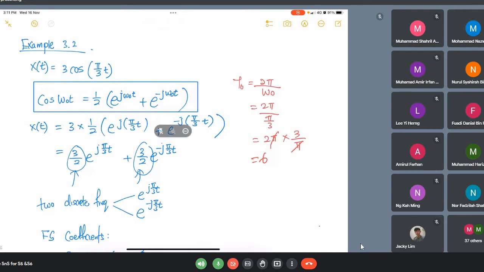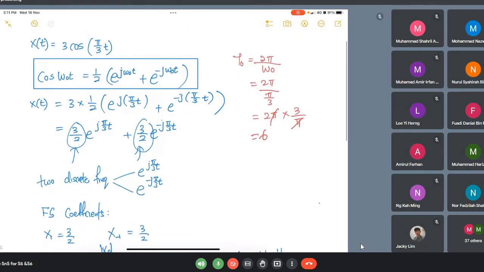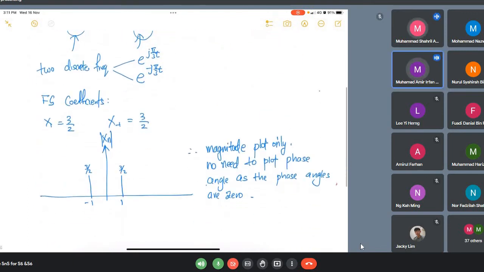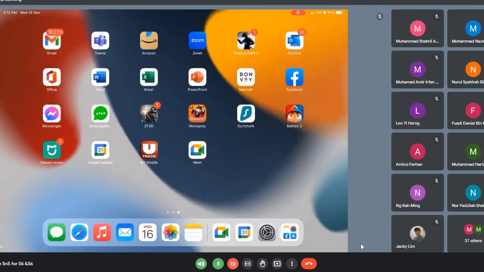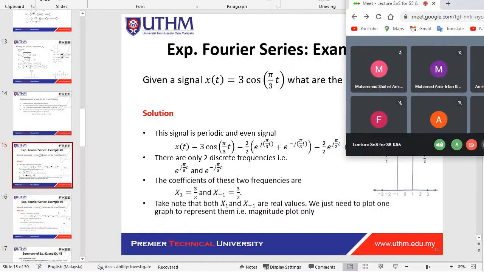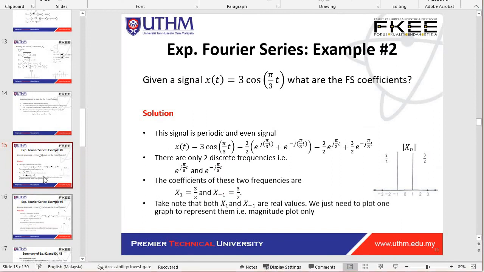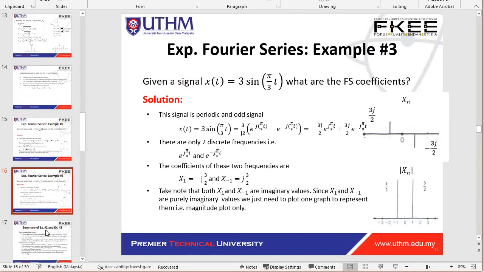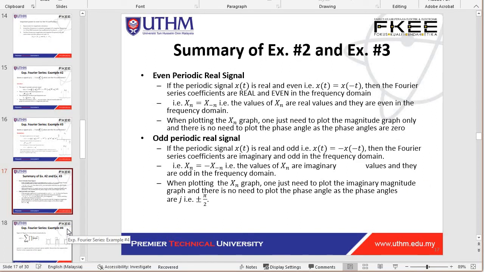Okay, any questions for this question? If no, then I move to the next. Okay, there's a summary. Just now the cosine is an even signal.